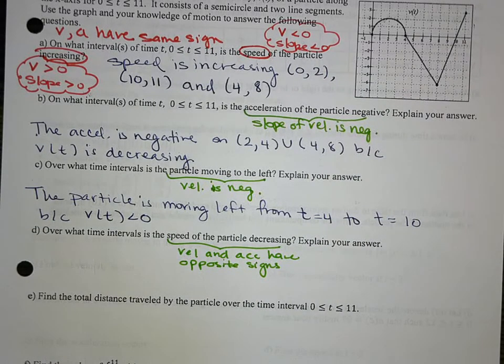So in particular, we're looking for where the slope of velocity is positive, but velocity itself is negative, or where the slope of velocity is negative and velocity is positive, so that they're opposite. That's what I'm looking for.